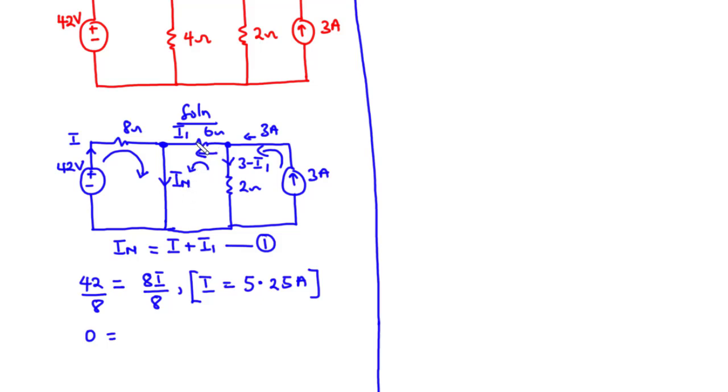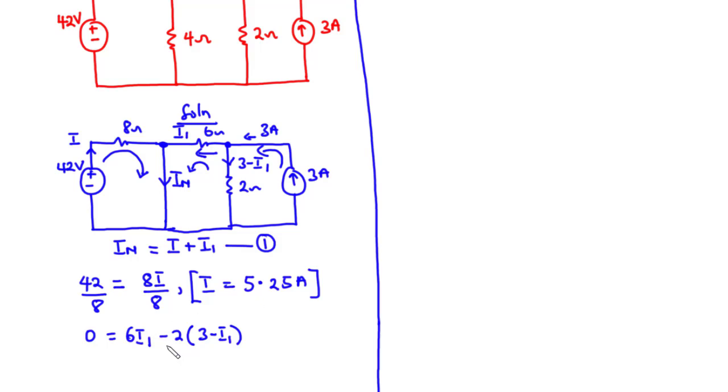Therefore we have 6 times I1, and then our direction is going to oppose the flow of this current, that is 3 minus I1. Therefore that's going to be 6I1 minus 2 into bracket 3 minus I1.